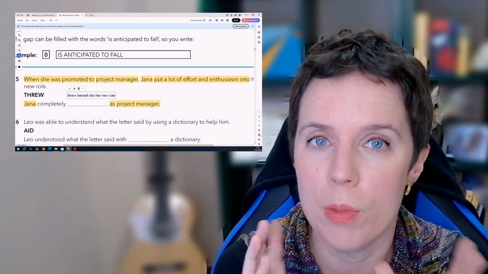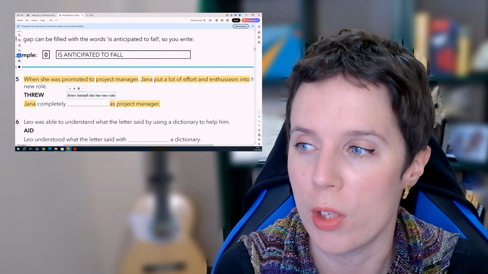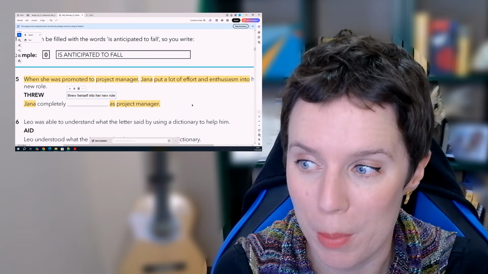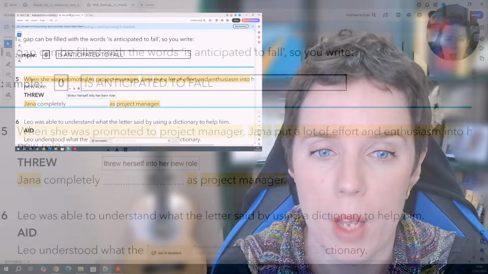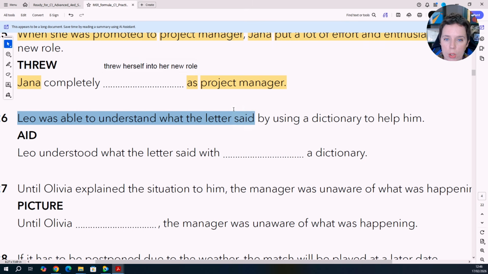Let's see. Hopefully the second one might be a bit more grammar based so that we can kind of move a few things around rather than vocabulary based, which are the trickier questions, to be fair. So let's take a look. We've got Leo was unable to understand what the letter said by using a dictionary to help him.